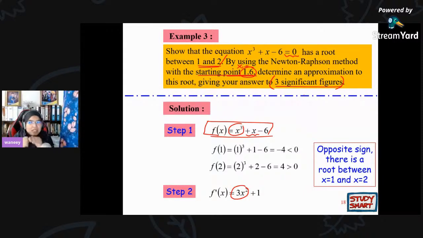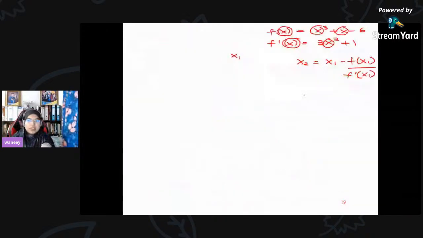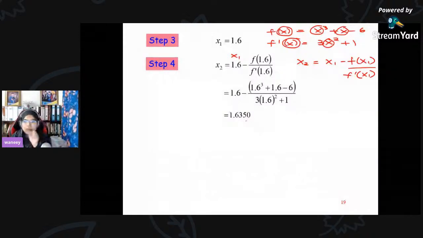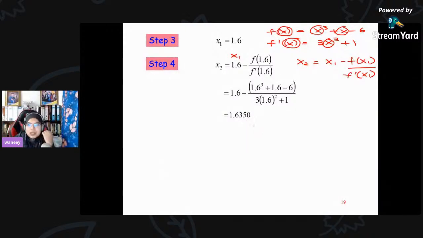So my final answer will be 3 significant figures, but for my working it should be more than that. So yang ini okey lah, lebih daripada 3 significant figures, 1.6350, so ini dah 5 significant figures. Okay, so sekarang ni kita continue lagi.